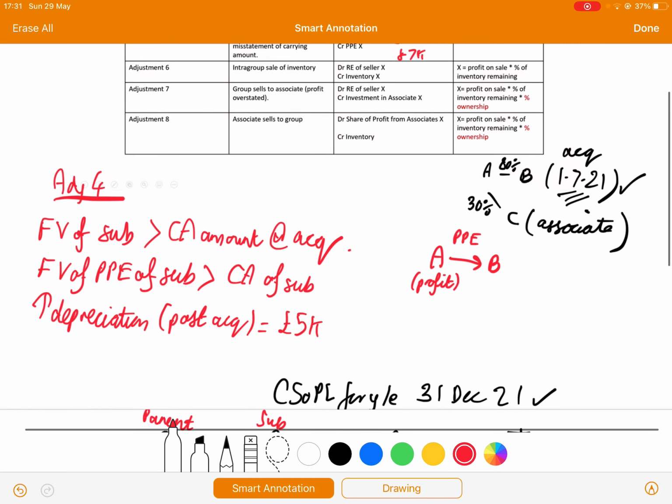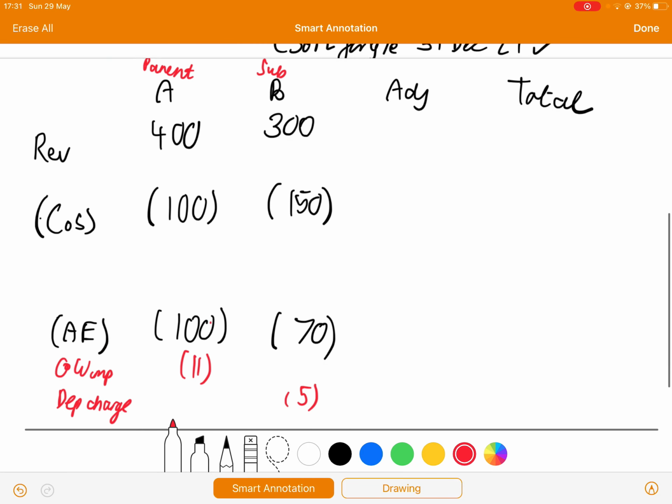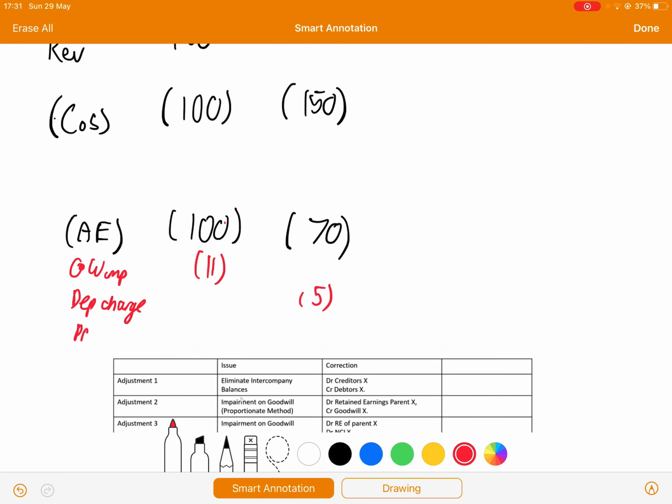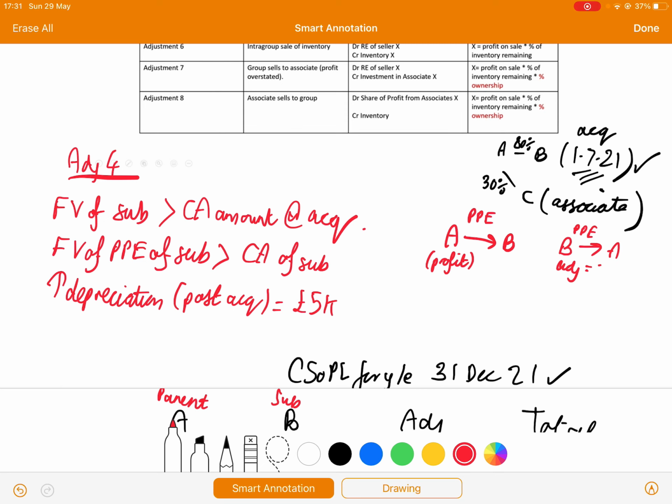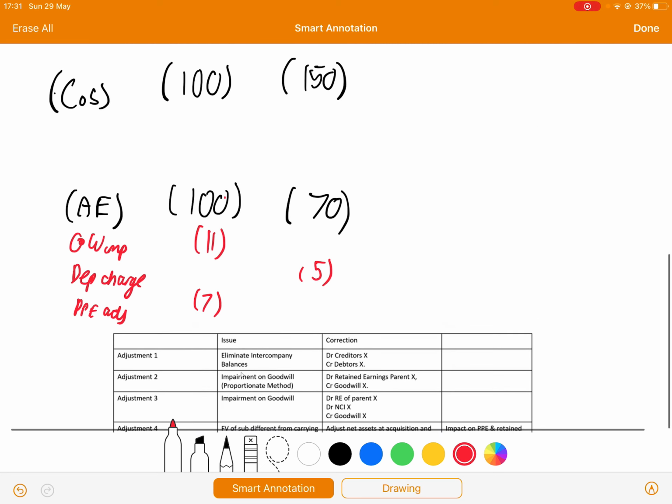Now if A is selling to B, and I put the PPE adjustment, we put the 7k underneath A. But if B is selling to A, and the PPE adjustment is 8k, guess where we put it? We put the 8k underneath B. And then that's it.